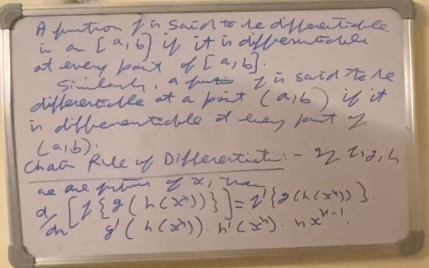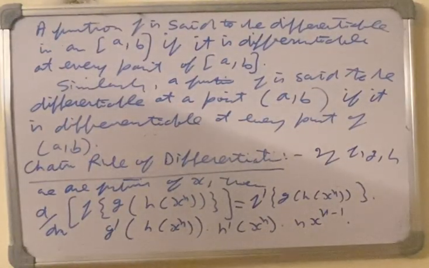So in this way we have to identify the outermost function, second outermost, third outermost, and so on. Then we take the derivatives and multiply them.